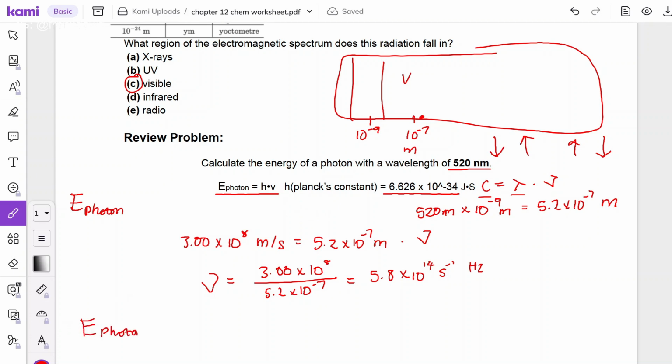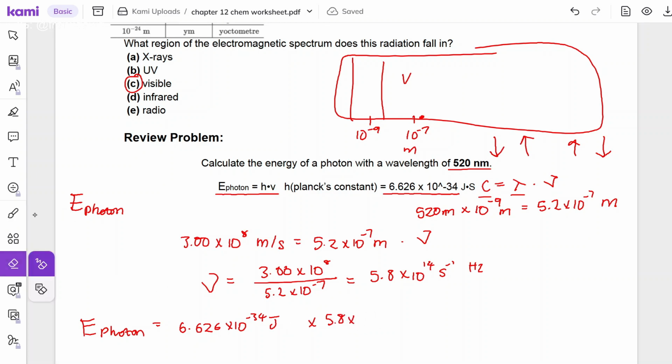The energy of the photon is equal to 6.626 times 10 to the negative 34 joules times seconds, times 5.8 times 10 to the 14, 1 over second.